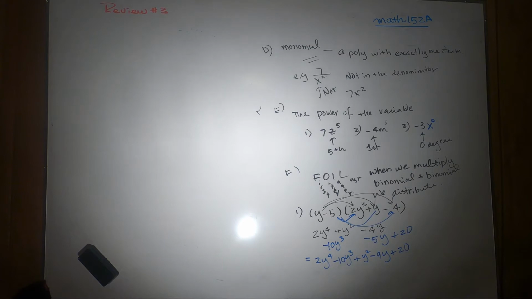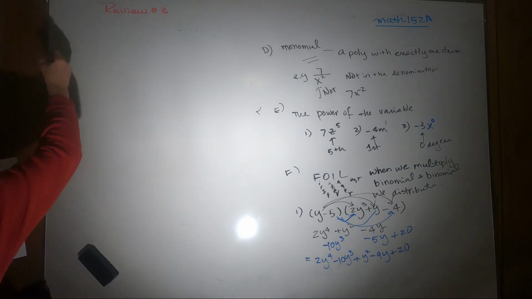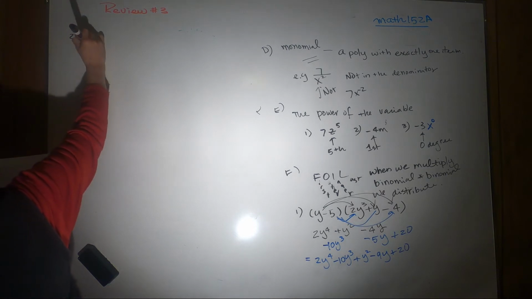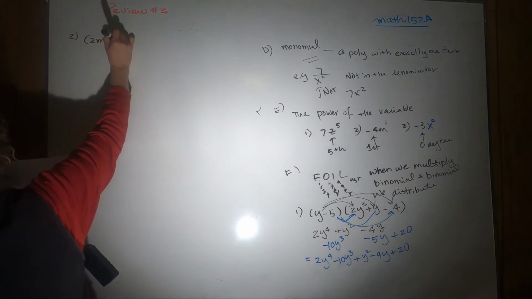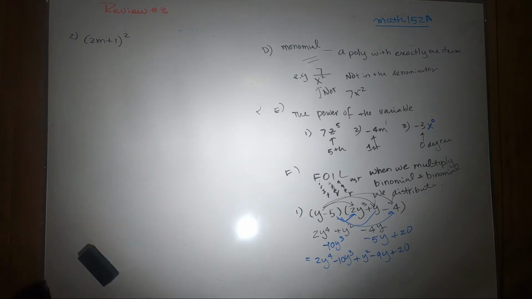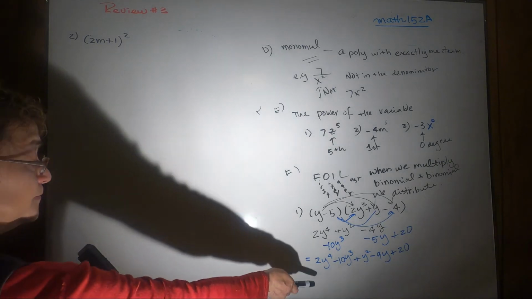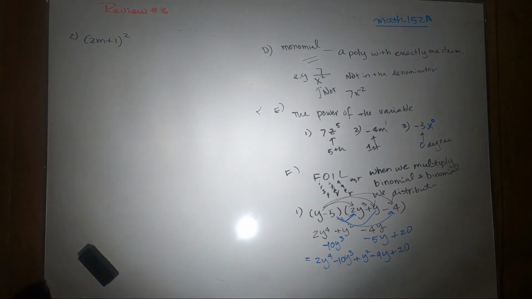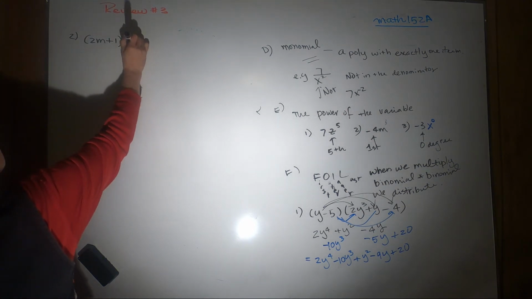Okay, next one, we are still practicing what? Distributive property, right? We are doing the polys. We do add, subtract, multiply, and divide, right? So we add them, then we multiply them as well. So square, okay?